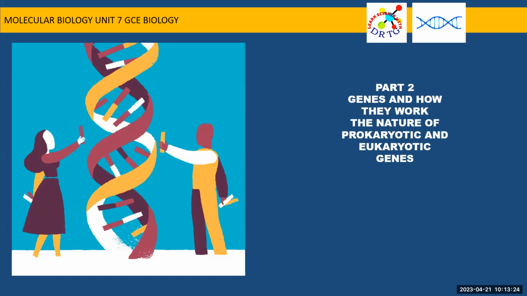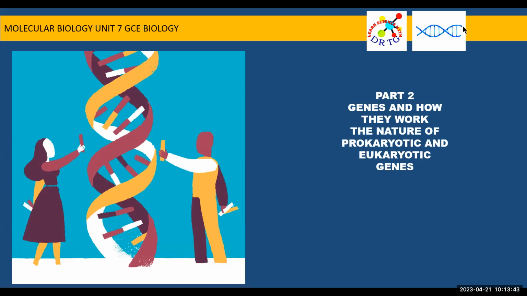Here we look at the DNA molecule, not the genes. So here we get a chance to look at how prokaryotic and eukaryotic genes look, and what important concepts we have to understand in prokaryotic and eukaryotic gene structure and function.